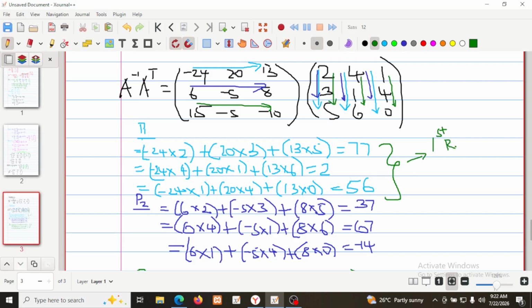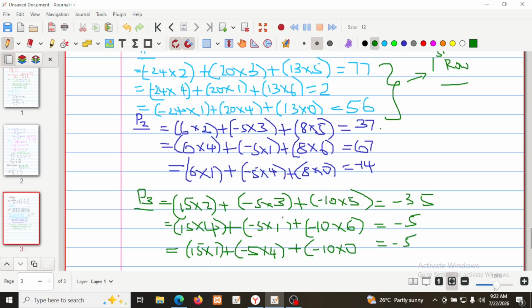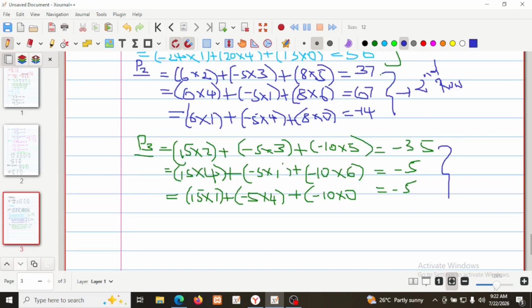Just to do that so that you don't get confused. This will form the first row. Then this part will form the second row. Then this one will form the third row. It is as simple as that.